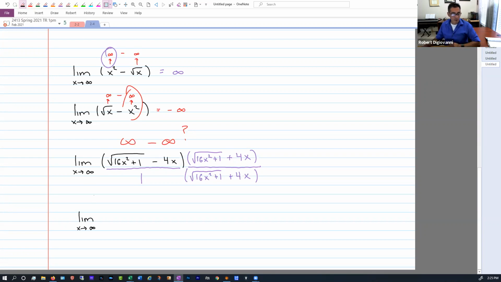All right, because I came in with the conjugate, when I do this to this, the roots go away. So I'm just left with 16x squared plus 1. The middle terms I just completely ignore, right? And then what about these two multiplied? What do I get there? Is that negative 16x squared?